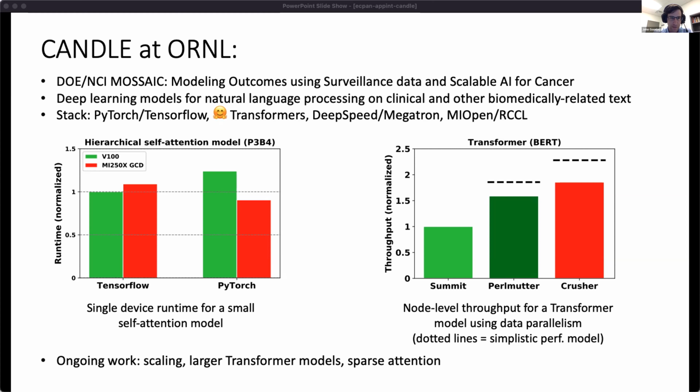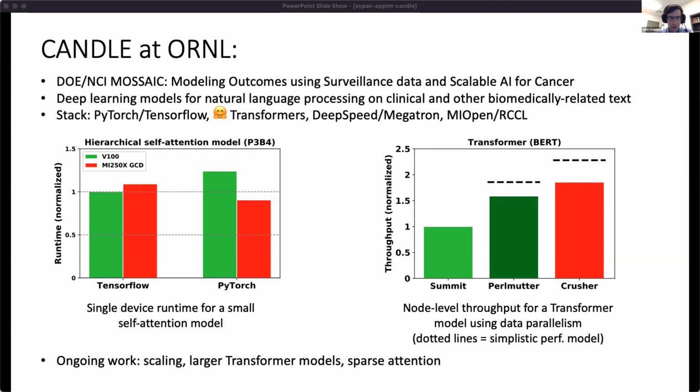From a software perspective, we're basically all in PyTorch or TensorFlow, and then relying on a lot of frameworks like Hugging Face transformers, some of the big transformers libraries like DeepSpeed and Megatron, and then looking specifically at the AMD ecosystem, MIOpen, and RCCL.